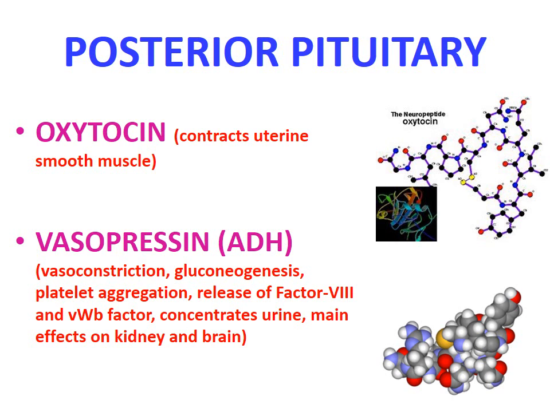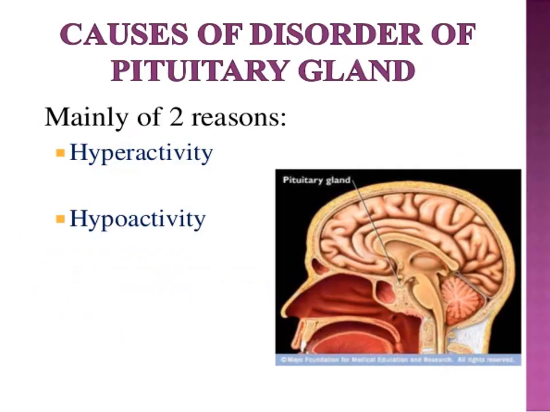Vasopressin mainly acts on the kidneys and brain and results in vasoconstriction and gluconeogenesis. It also causes platelet aggregation and release of factor VIII and von Willebrand factor, and its main function is to concentrate the urine.